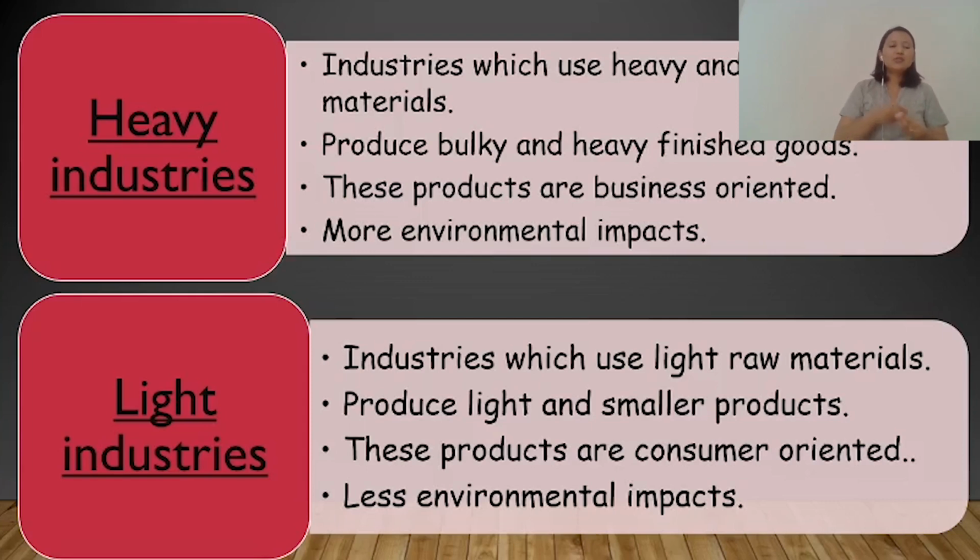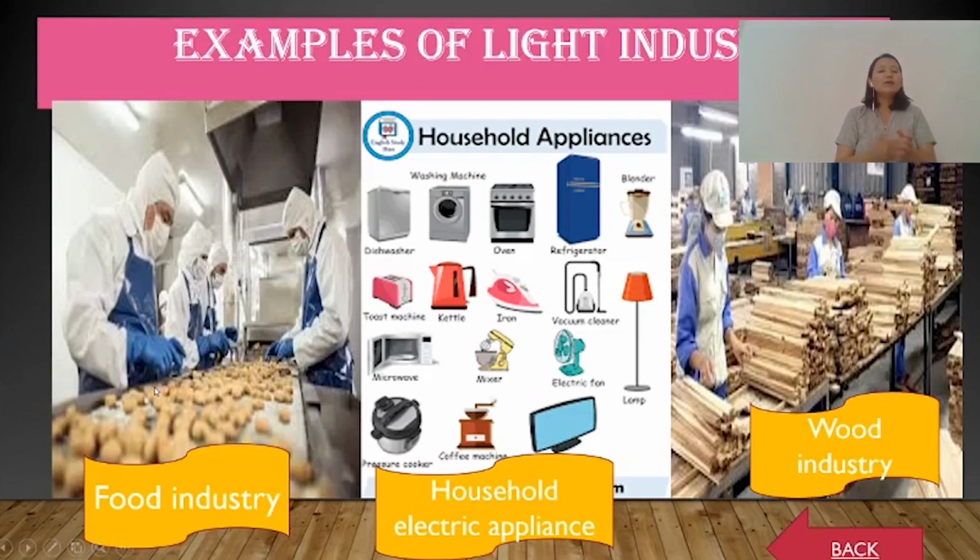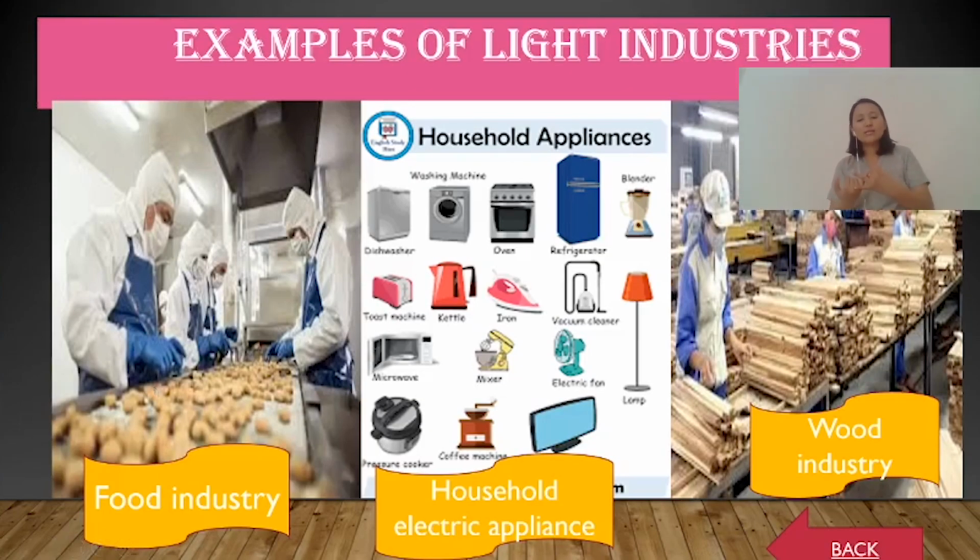Since light industry uses a small amount of raw material, there is less environmental impact or effect. So examples of light industries are food industry, household electrical appliances, and then we have wood industries. These come under the light industry because here the industry uses very light and less amount of raw materials.